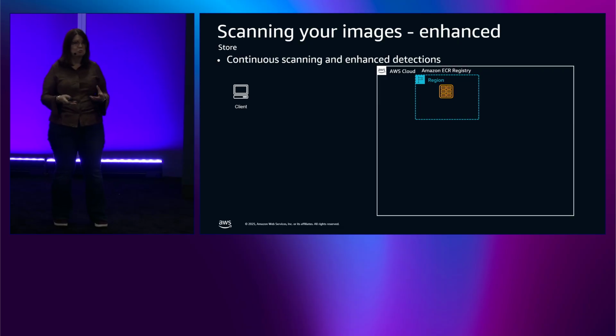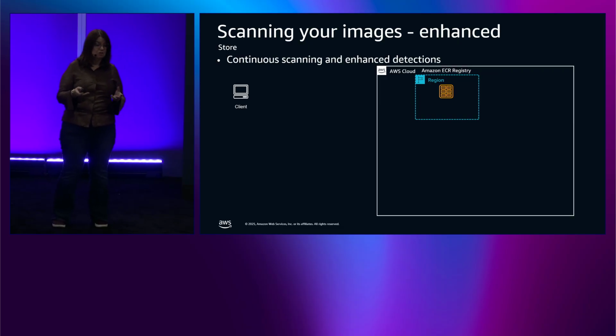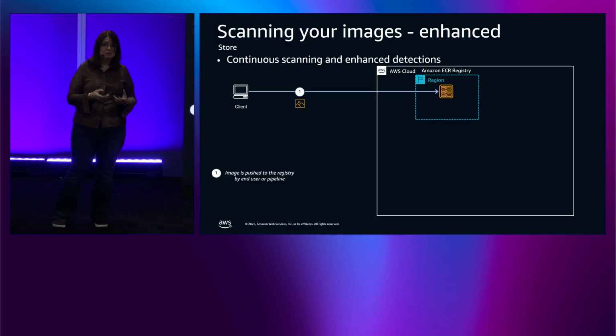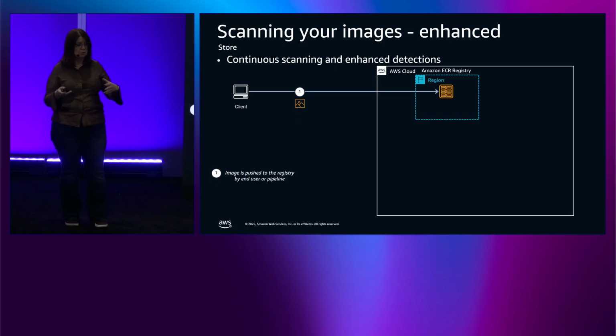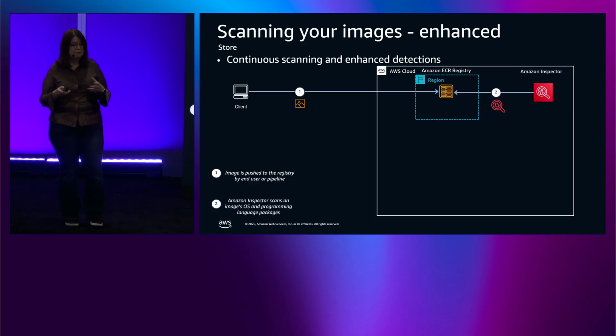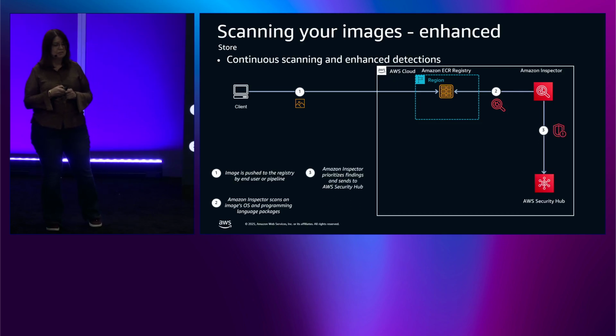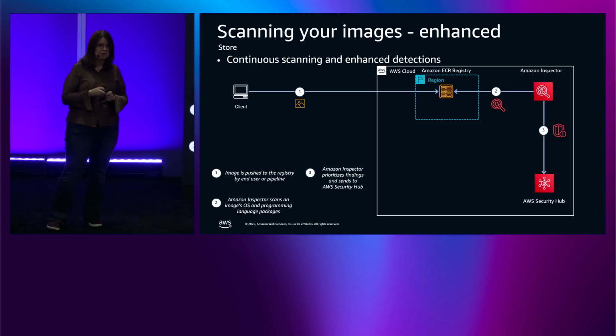All of these can cause problems with more traditional vulnerability scanners. So again, when you or your pipeline pushes an image to a registry that you have opted into enhanced scanning, Amazon Inspector kicks in and scans that image for any application and OS vulnerabilities. Then it prioritizes those findings and sends them to Security Hub.